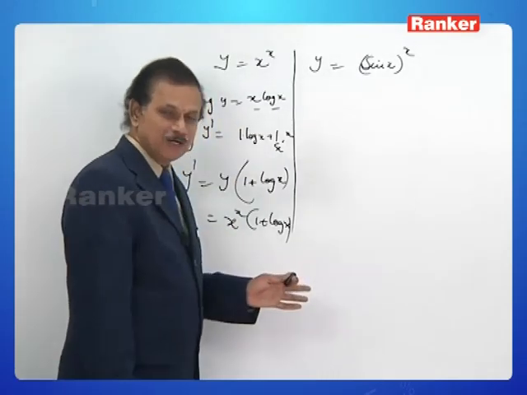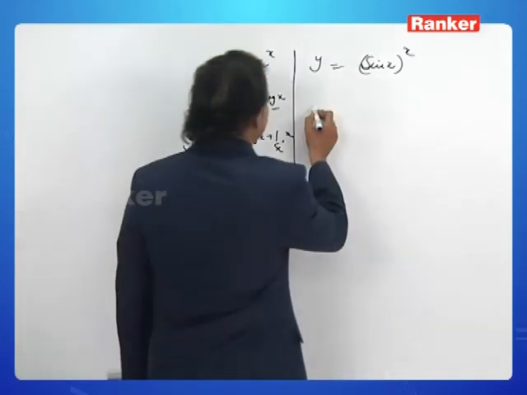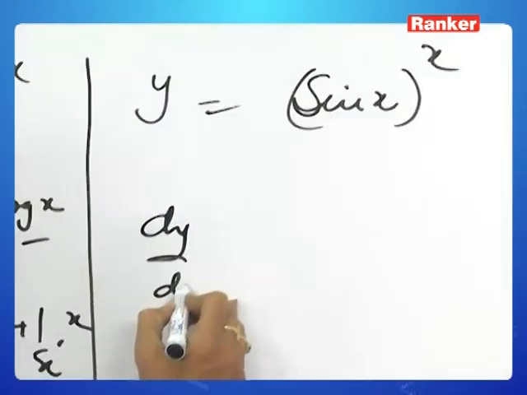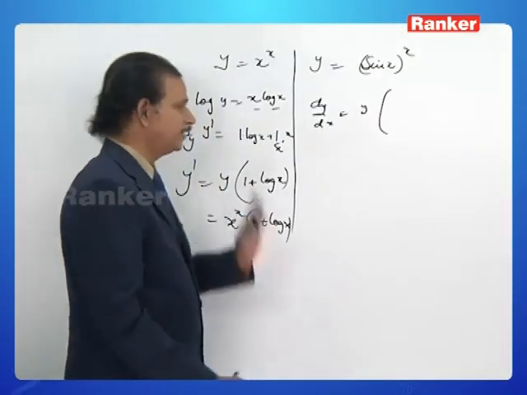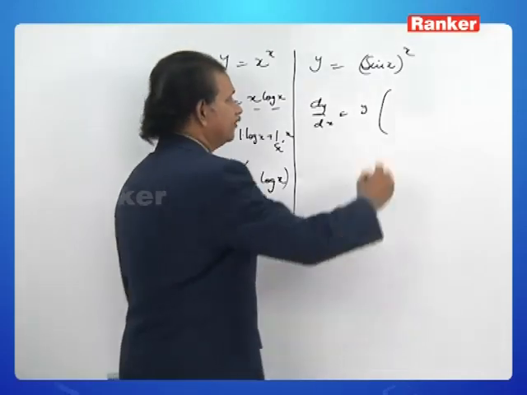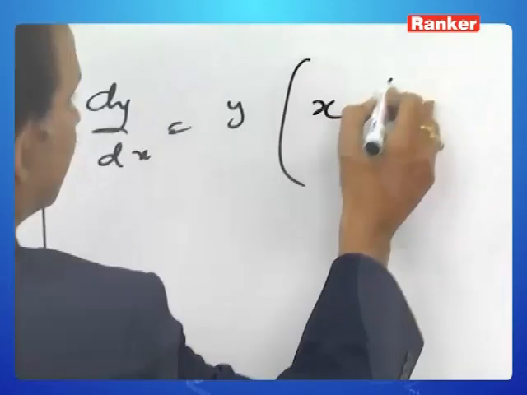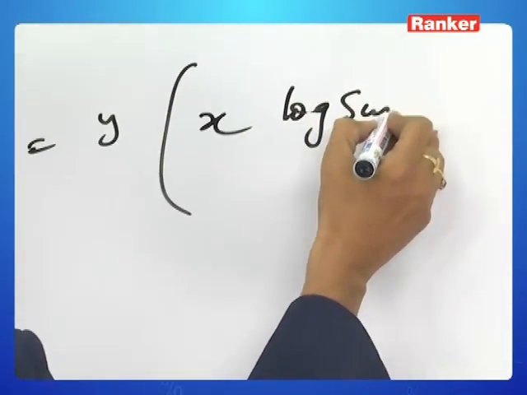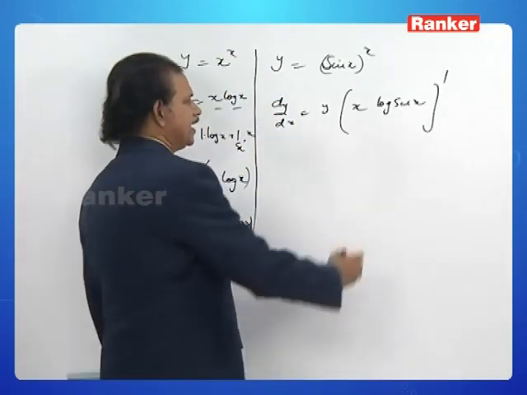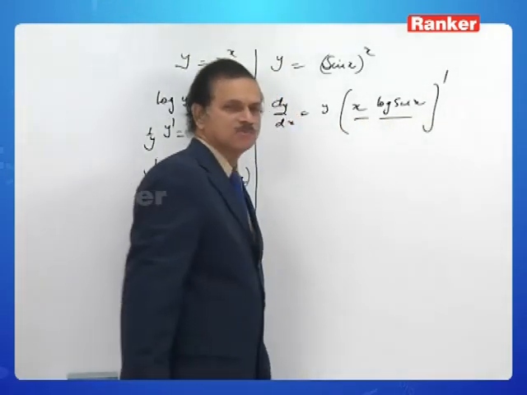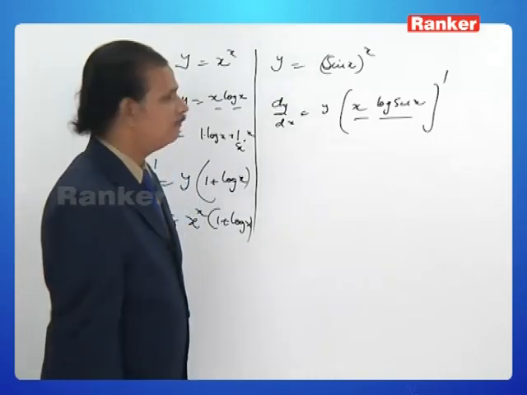Based on this result, we produce a pattern in our mind that dy by dx is equal to y into, it is compulsory, y into, and if you take logarithms here, it becomes x log sin x, whole dash. By using the uv formula, you will be able to have the derivative. How? It is very simple.